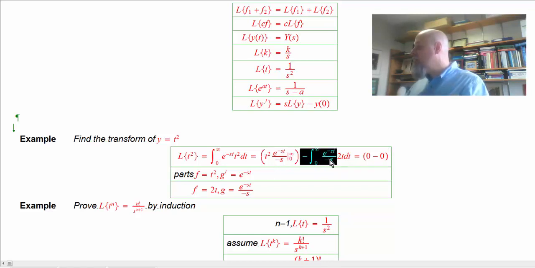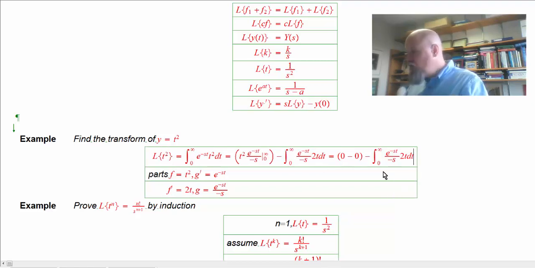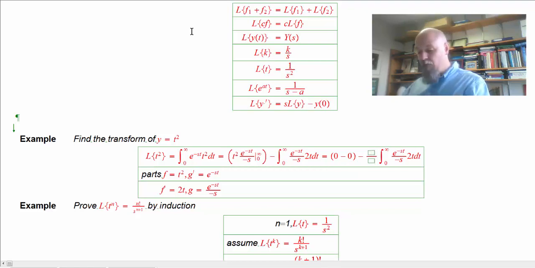This second piece, I could do that integration by parts, but let's clean this up a little bit. I can take this minus s to the outside, because it's a constant with respect to t, and I can take that 2 to the outside.